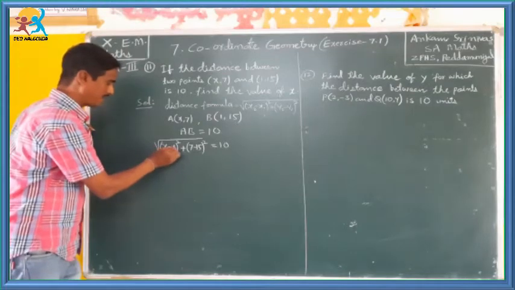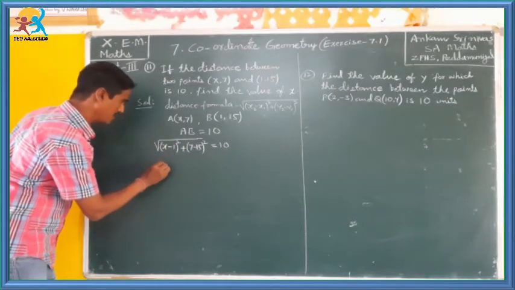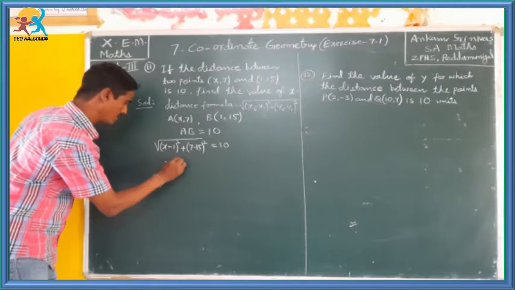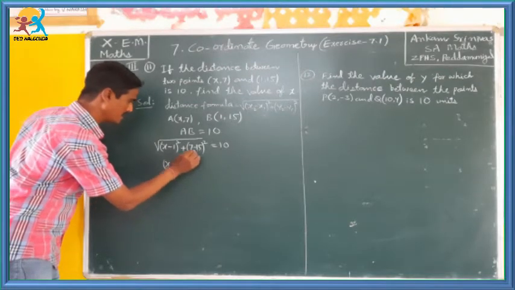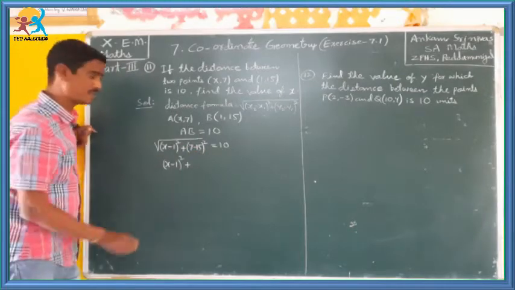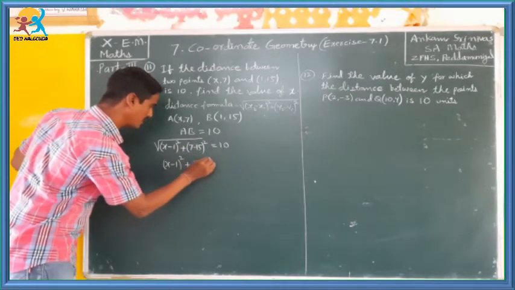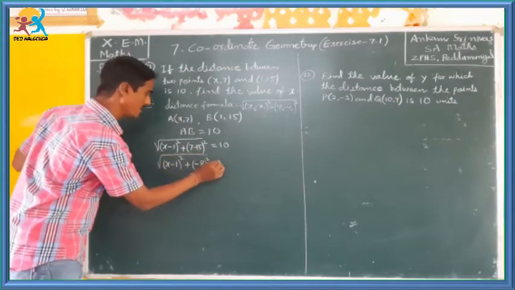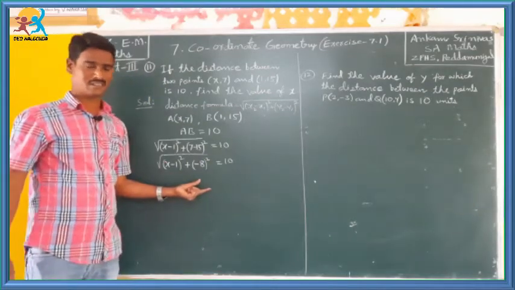Now square root of x minus 1 whole square plus 7 minus 15, how much will we get? Minus 8 whole square, square root of, equal to 10. Very easy, we know, children.